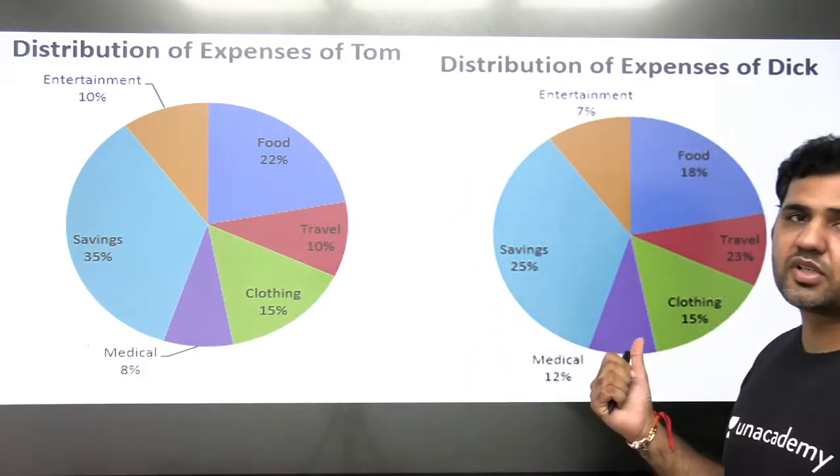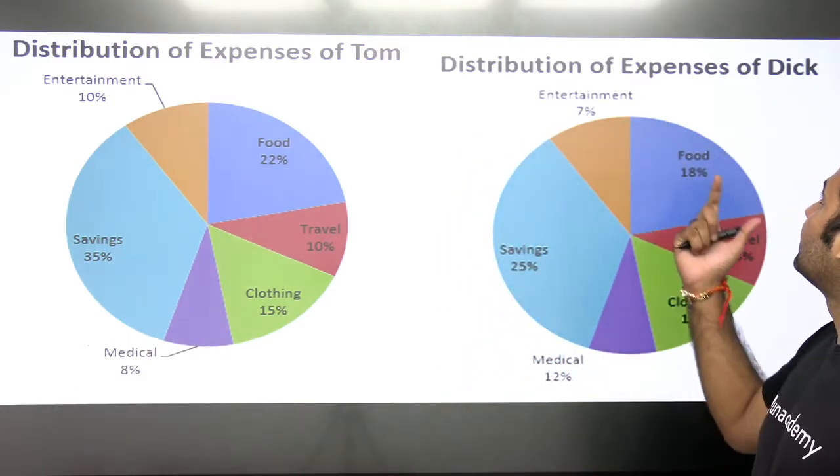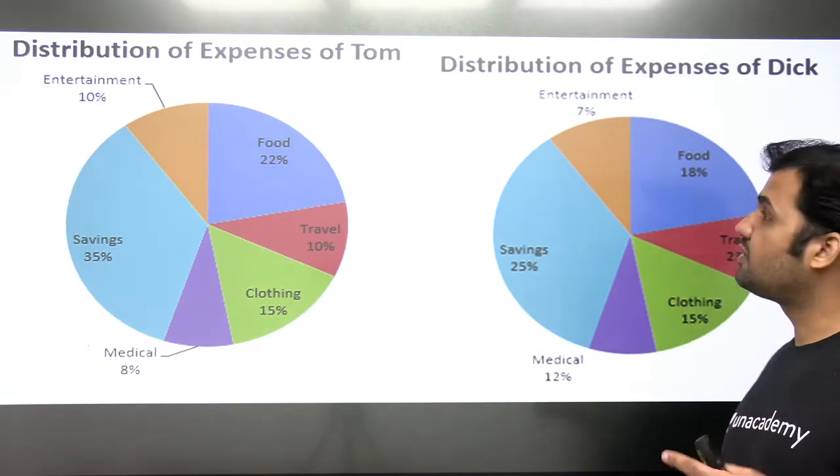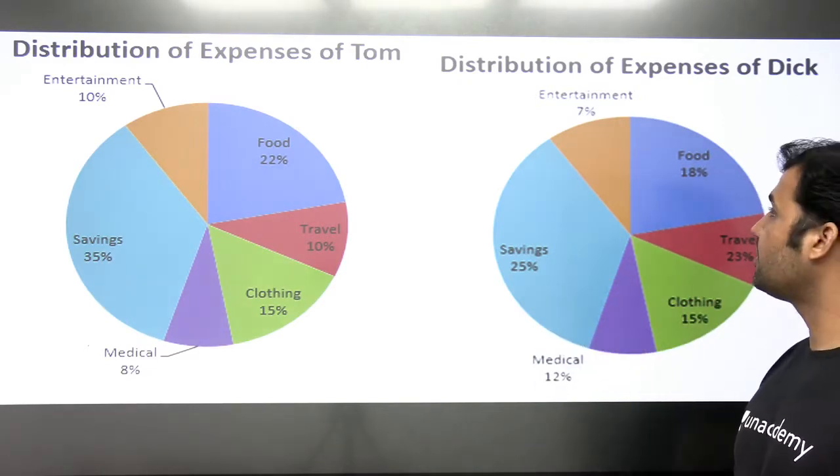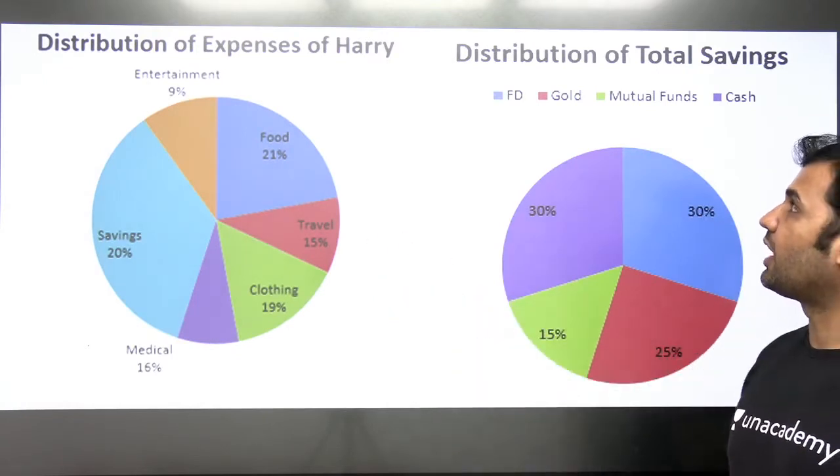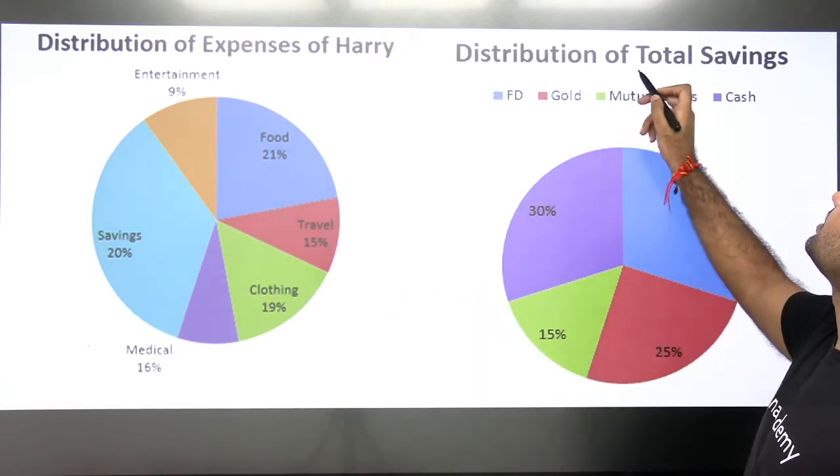Similarly, there's a pie chart for the way Dick's income is being spent on different items, and similarly we have the chart for Harry. This 4th chart is talking about the distribution of the total saving.